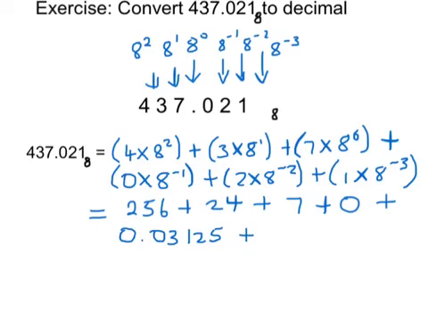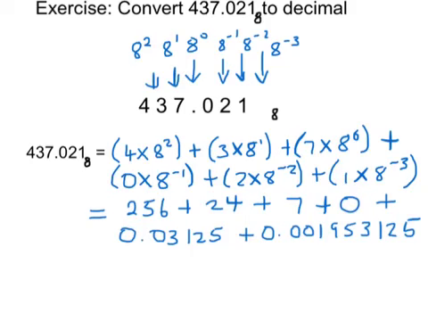You can do that directly on your calculator using your power button, y to the power of x, so you'll have 8 to the power of minus 3, or else you can work out 1 divided by 8 cubed, and either way you're going to get the answer 0.001953125.